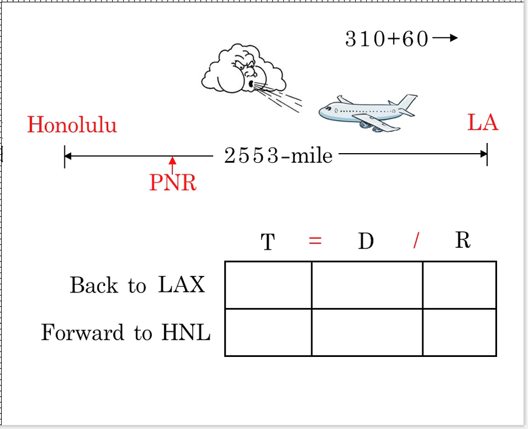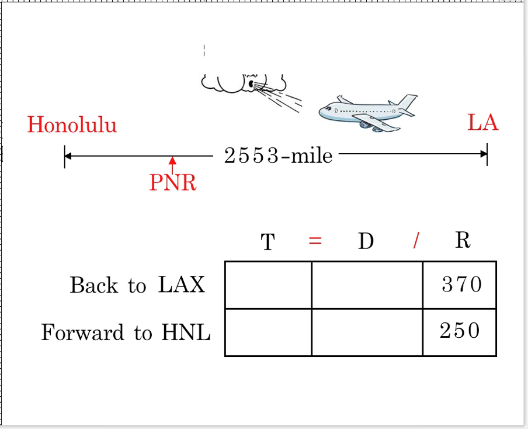And similarly, if he continues on and goes forward to Honolulu, then the headwind is going to detract from the speed, and we'll have that quantity. Now I went ahead and crunched those out and used the finished arithmetic as my rates. And so 370 miles per hour is the speed going back, and 250 miles per hour is the speed going on. And now we have to deal with the distance column here.